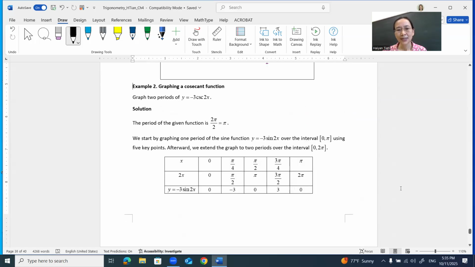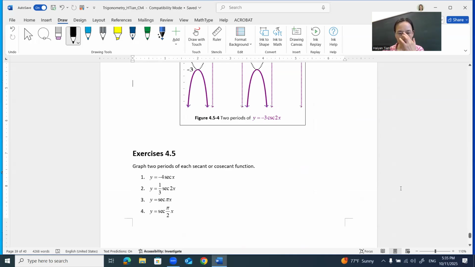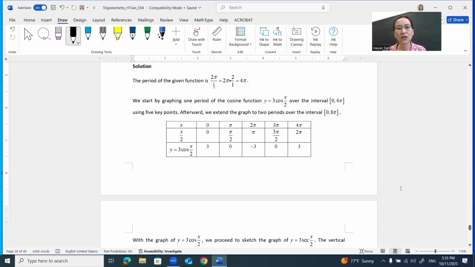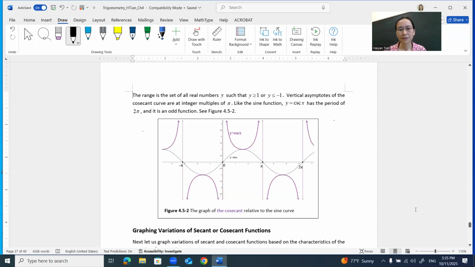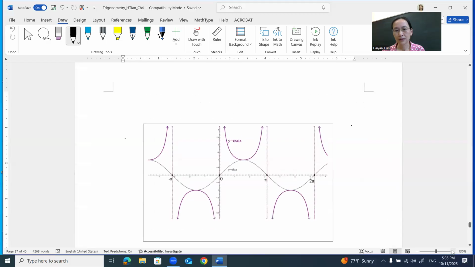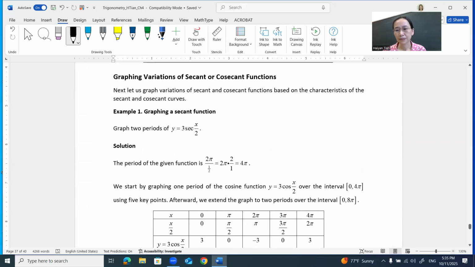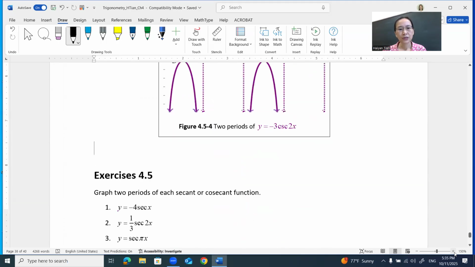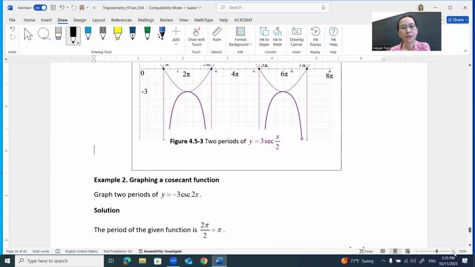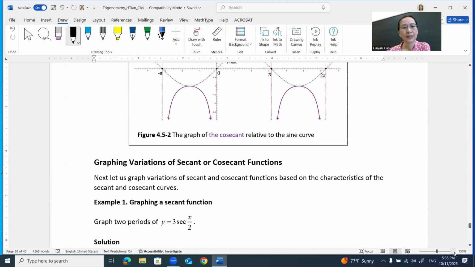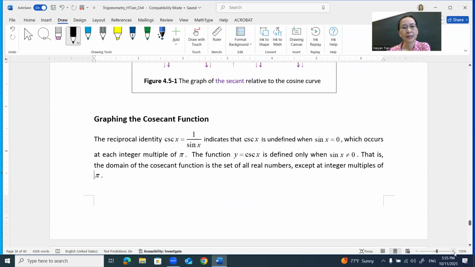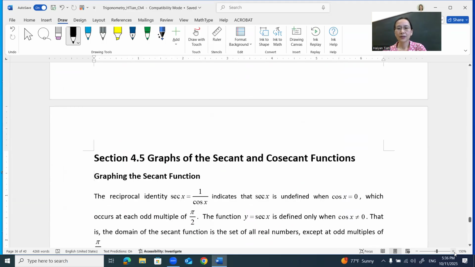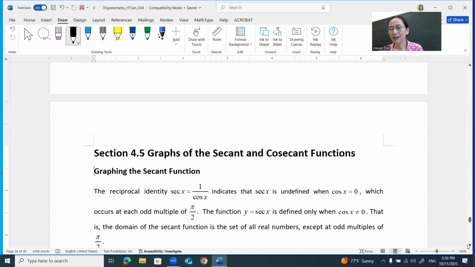So to summarize, on how to graph the variations of a secant or cosecant, the summary is as illustrated by the graphing process.